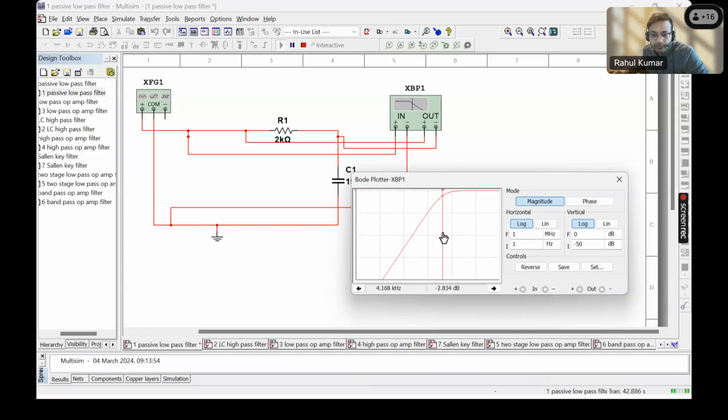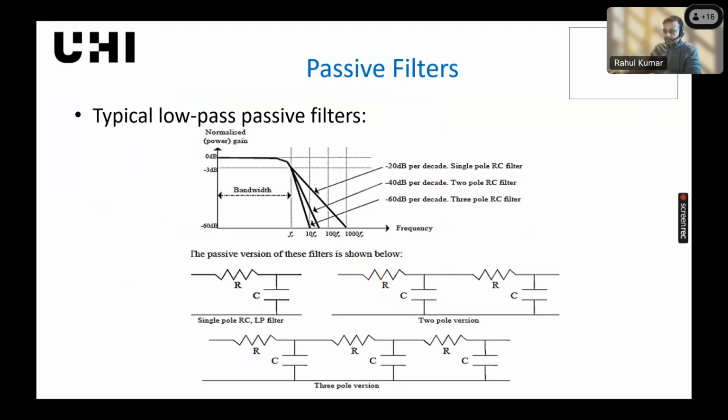So around 4 kilohertz is the cutoff frequency for this high pass filter. But since this is a high pass filter, we call it the upper cutoff frequency. For a low pass filter, we call it the lower cutoff frequency, and for a high pass filter, we call it the upper cutoff frequency. You can calculate the slope yourself. So if we come back to our slides now.